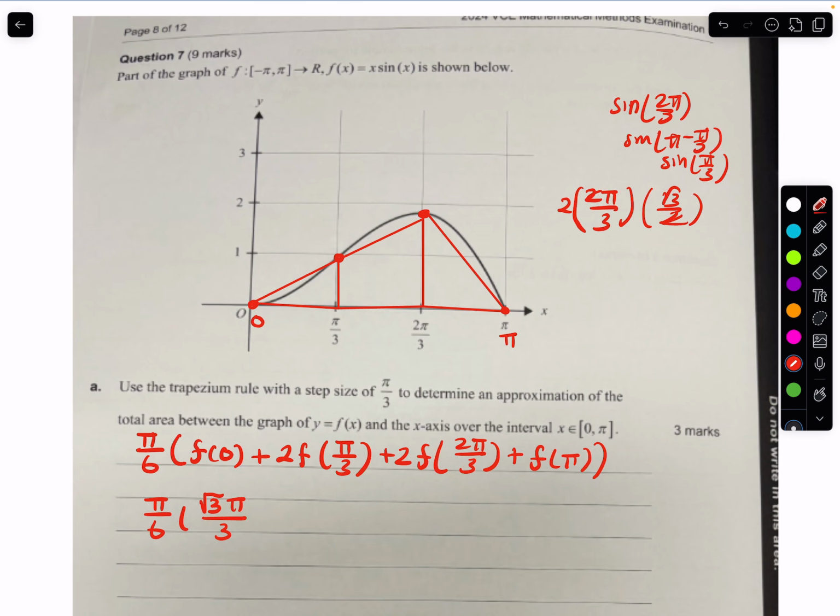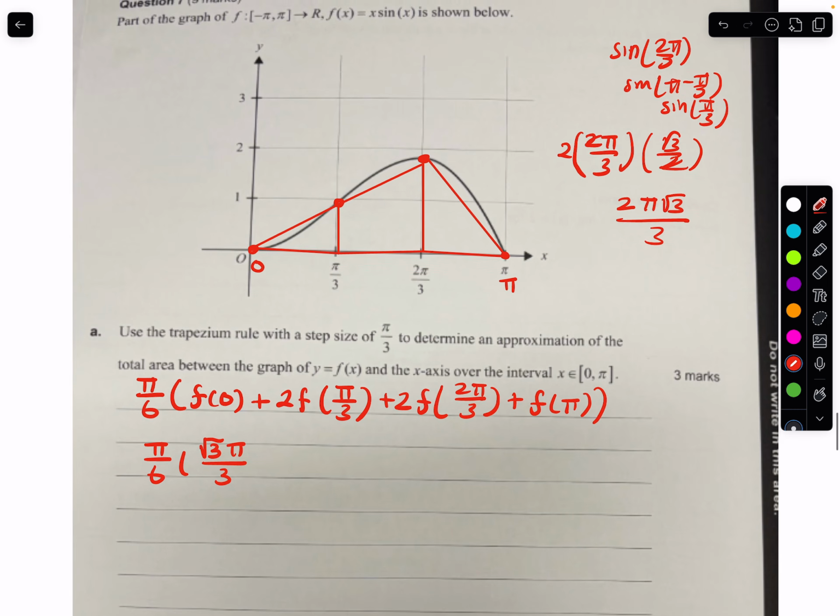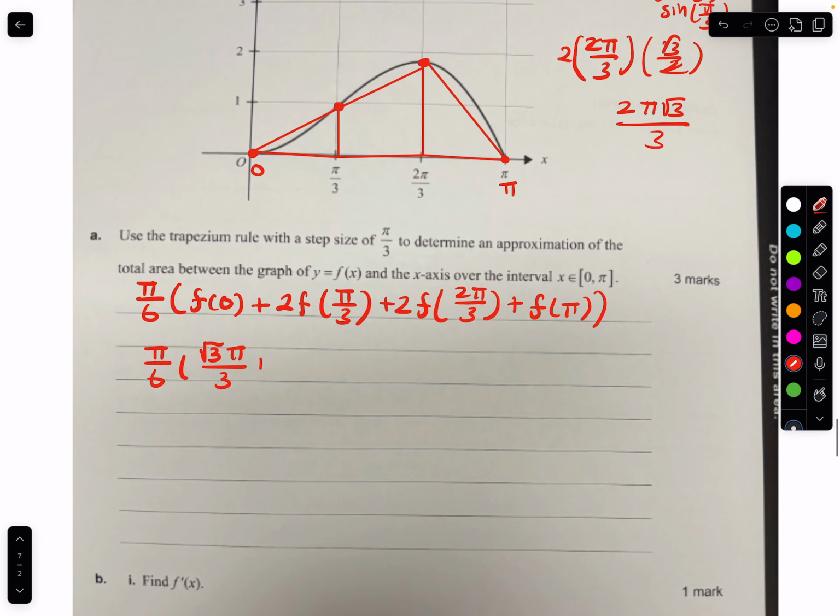These can cancel out. So it's just 2 pi root 3 over 3. Is that right? So 2 pi root 3 over 3. That sounds good. Plus 2 pi root 3 over 3.